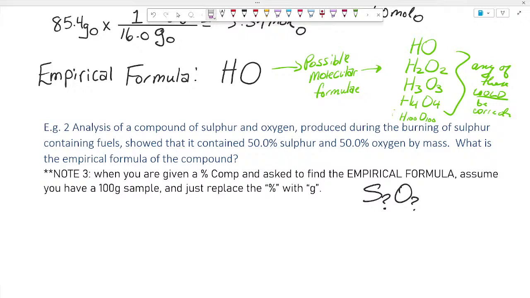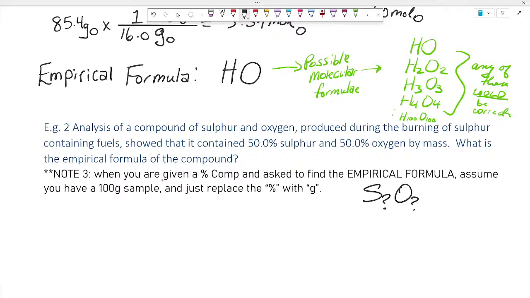You could pretend you have 11.6 grams, and then half that mass would be sulfur, half that mass would be oxygen. Or you could pretend you have 12.2 grams, in which case half of that would be sulfur and half would be oxygen. Hey, what would be a really easy number to imagine that you have in front of you? 100. In which case, 50.0 grams of that would be sulfur, and 50.0 grams of that would be oxygen.